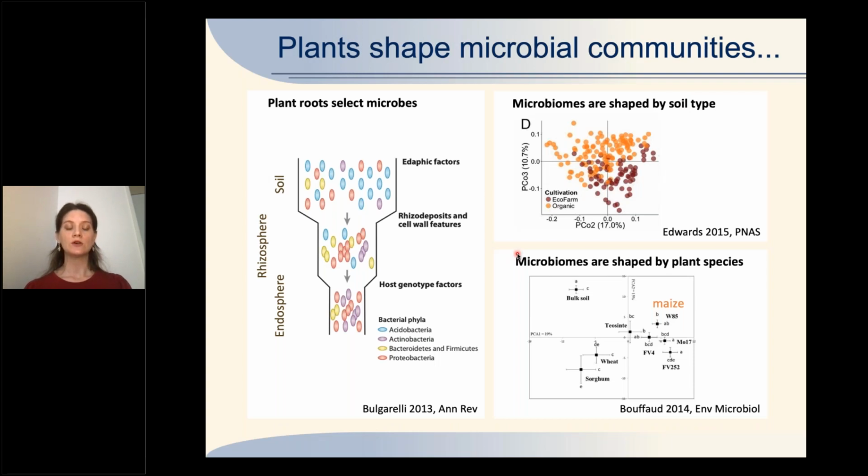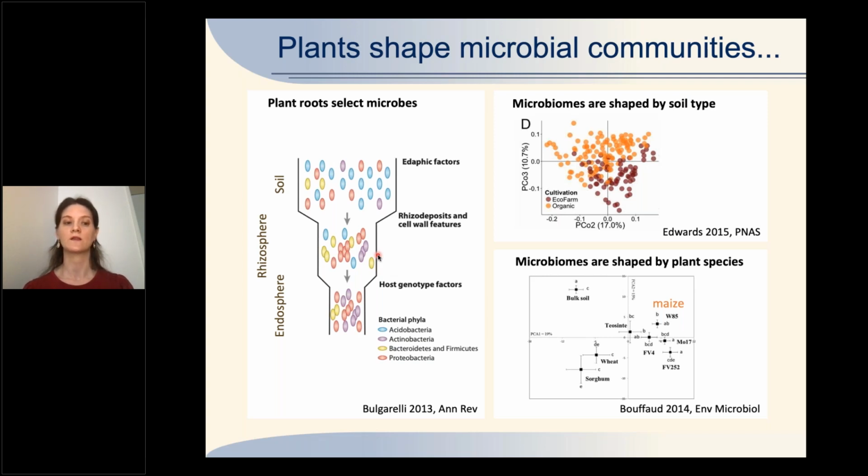So what do we know about how plants interact with this very wide diversity of microbes that is found in the soil? Well, we have a couple of hints that were published a couple of years ago by now. The first showing that diversity of microbes that is found in the soil here on the very top is decreasing. So if we look at the microbes that are associated with the rhizosphere, we don't find all the microbes that have been present in the soil beforehand.